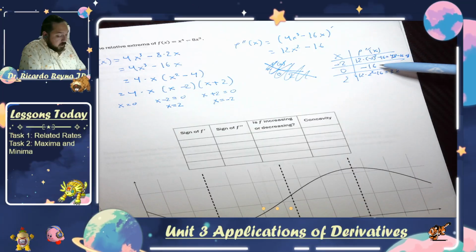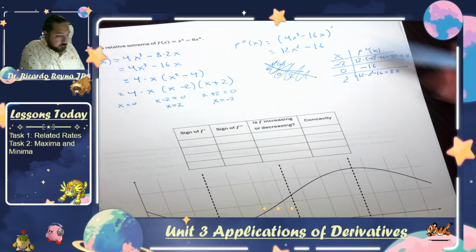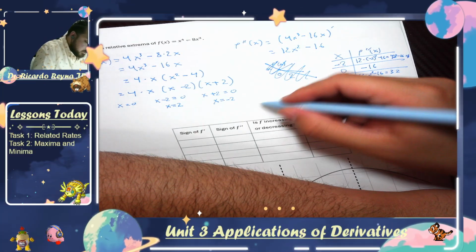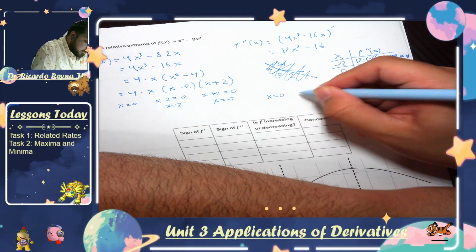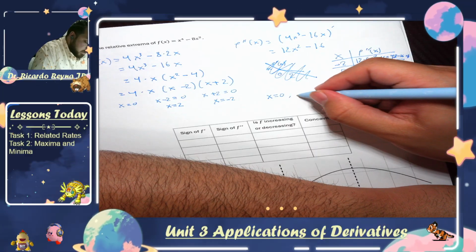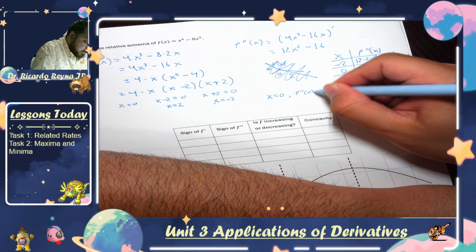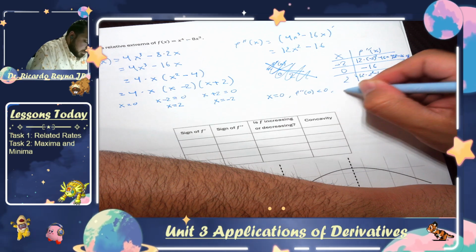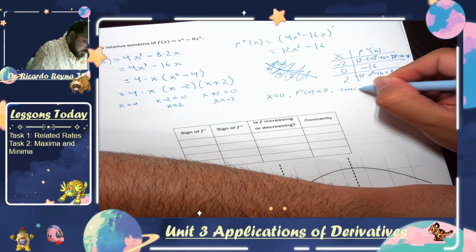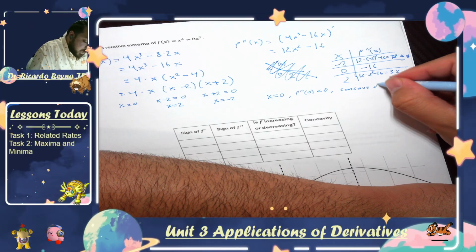Because the 0 was negative, that means for x is equal to 0, f double prime of 0 is negative. Then we have concave downward.